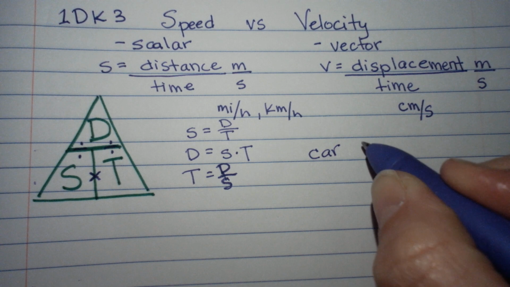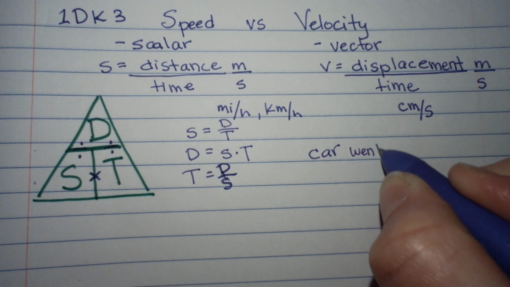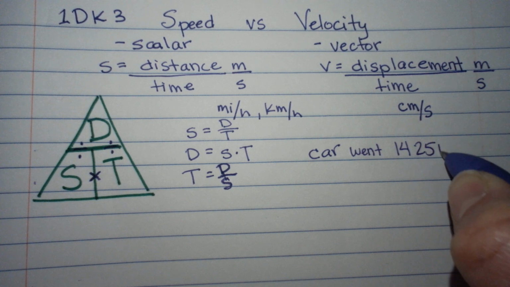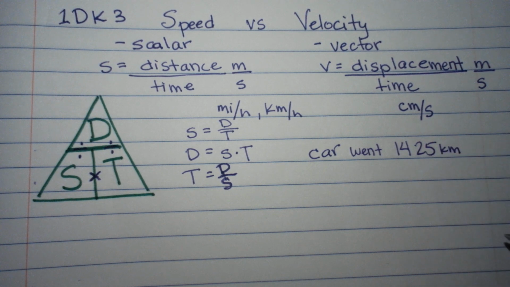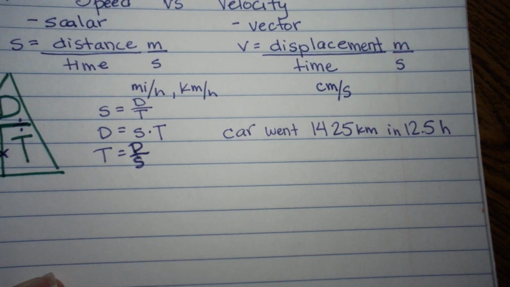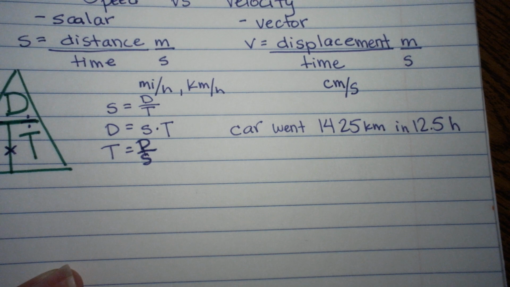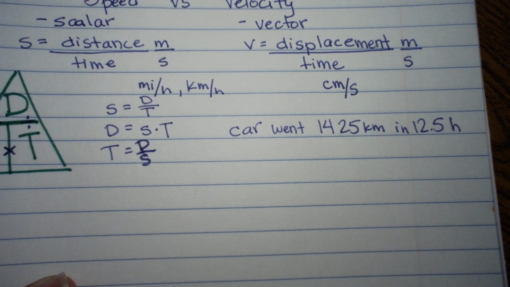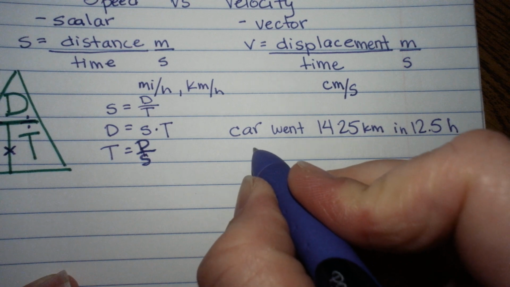So I'm going to say car went 1,425 kilometers in 12.5 hours. So then I say, what was the question again? What was the car's average speed? So I'm looking for speed.